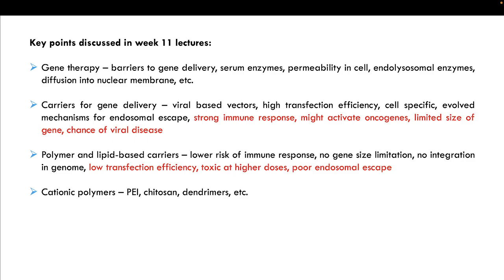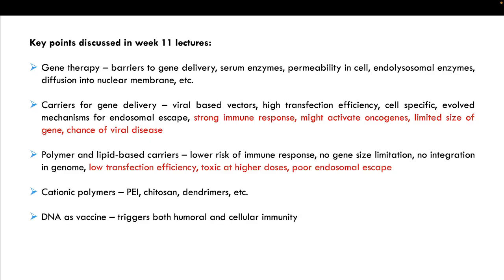So if you use a positively charged polymer, there is more chance of encapsulating the gene or adhering the gene over the polymer particles because of the positive-negative interaction. So that's why you use cationic polymers. Some examples of these are polyethylene imine, PEI, chitosan, dendrimers, etc. We'll also see why these polymers are useful in delivering genes, because they have a proton sponge effect, which helps them escape the endosome. We'll look at this concept in one of the questions as well.